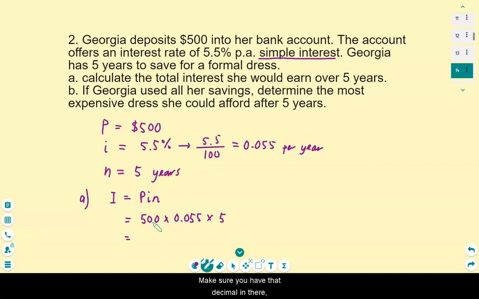Make sure you have that decimal in there. What did I mean? The zero in your calculator. Some people miss it and then that will wreck your calculation. So it should be 500 times 0.055 times 5.